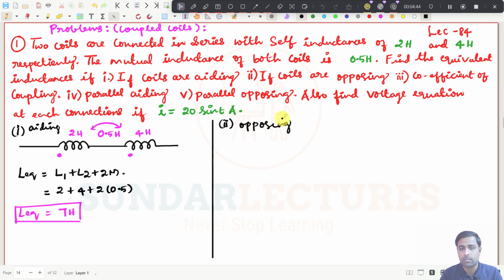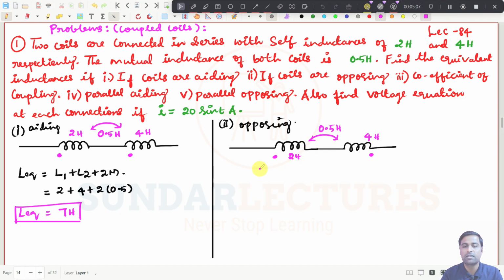Both are in series. So how will the diagram be now? This is for opposing. It will be like this: this is 2 Henry and this is 4 Henry and the mutual inductance is 0.5 Henry. So this is the diagram.